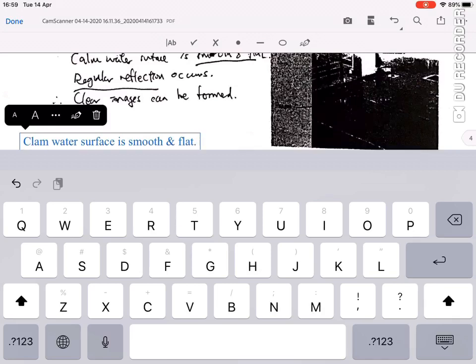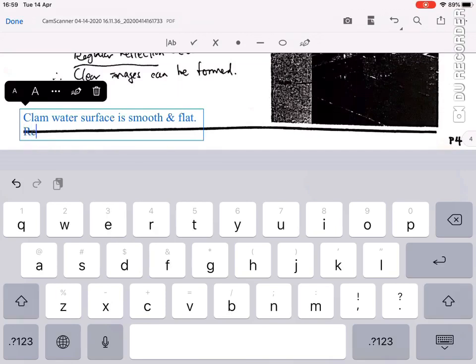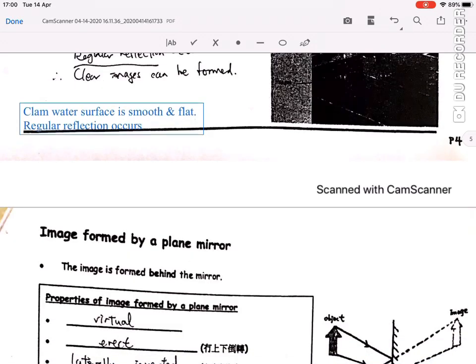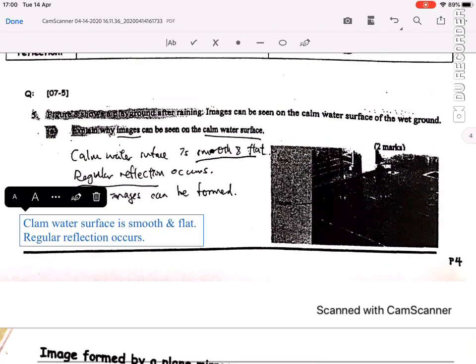From that, regular reflection occurs. Okay, let me move it up a little bit. So you can see what it reads.